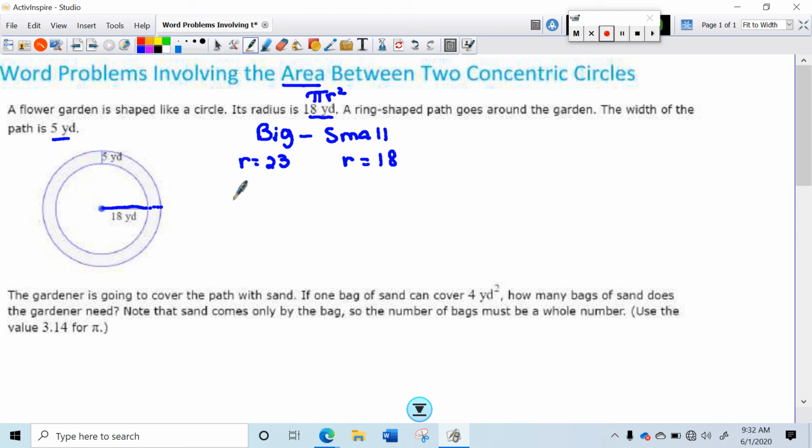So I'm going to do pi r squared minus pi r squared. Now they told you to use 3.14 for pi, so I'm going to do 23 squared minus 3.14 for pi, 18 squared.